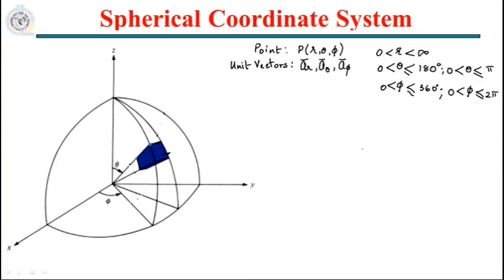If you move radially outward from this point to this point, it's a small variation along the radius. So let us call this length dr. That's the differential length along the radius, or incremental length along the radius, given by dr.